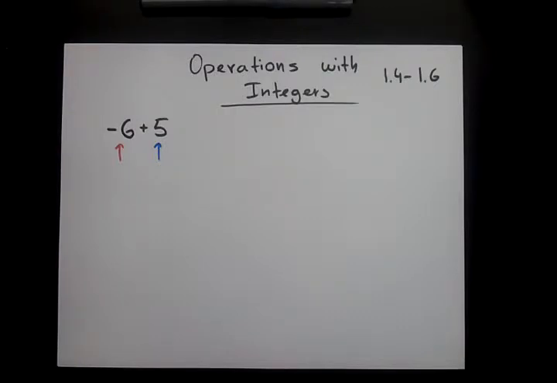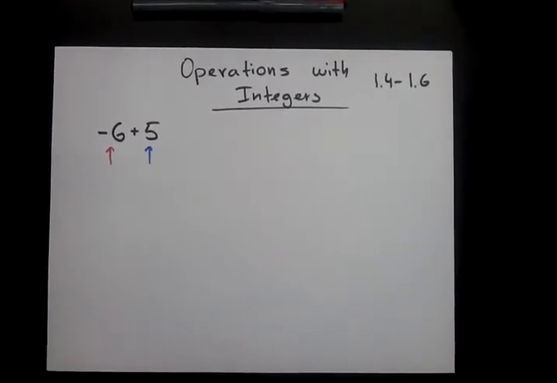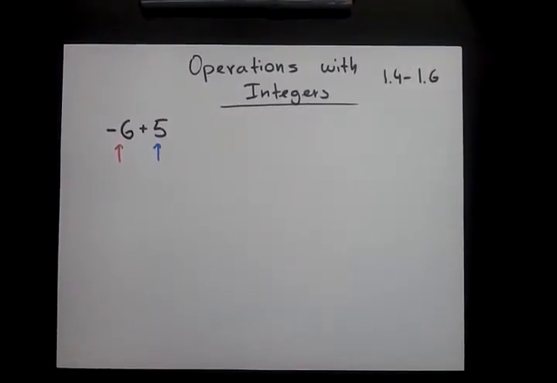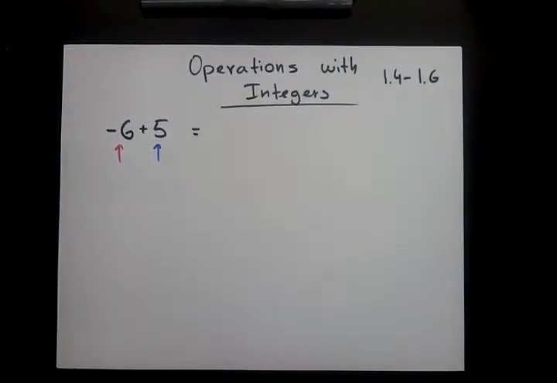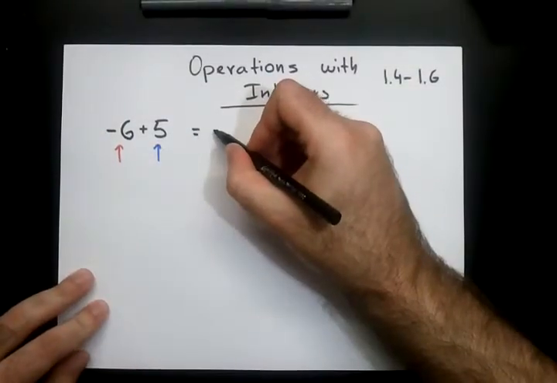And the integer with the larger numerical value is going to give you the sign of your answer. Since the 6 is the greater numerical value and it has a negative sign, our answer automatically will have a negative sign.